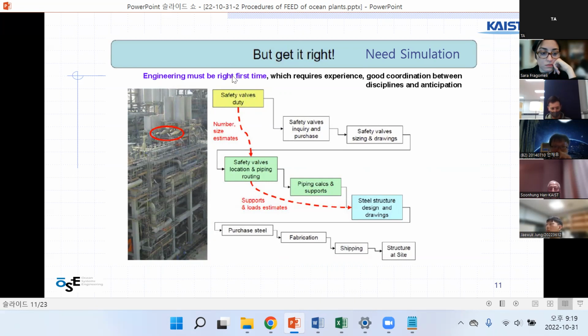Correct engineering is important, but it's not easy, right? Any simulation beforehand helps us to reduce the time to market.